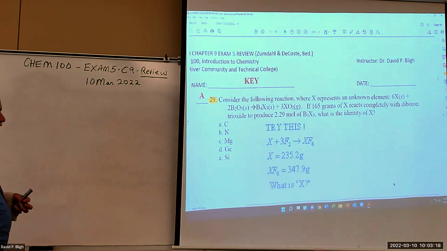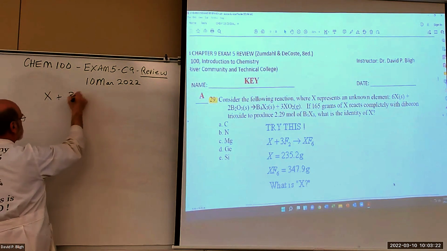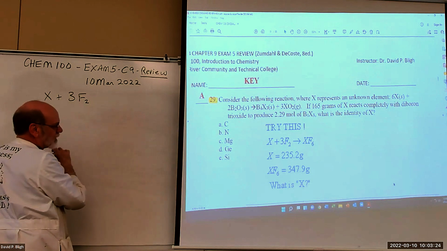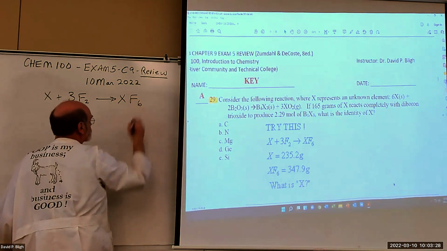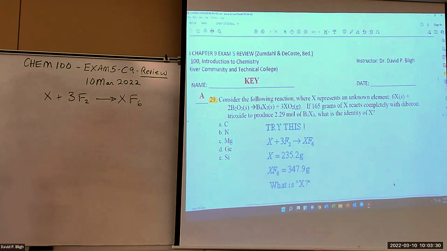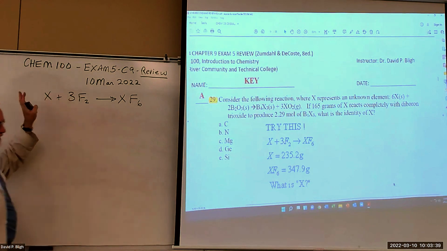So how about this one? X plus 3F2 yields XF6. Okay. X is 235.2 grams. Let's see, is that balanced? Yeah, that's balanced.